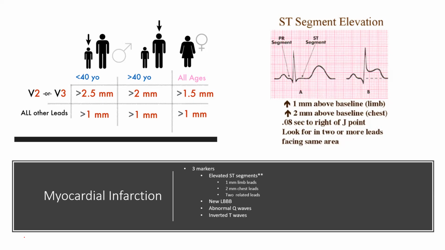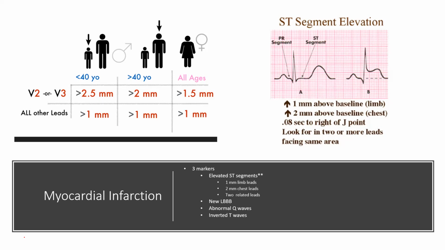An ST elevation is considered significant if the vertical distance after the J point is at least 1 millimeter or 1 small square in a limb lead. Limb leads, you remember, are lead 1, 2, 3, AVL and AVF. Or it should be 2 millimeters or 2 small squares in a precordial or V lead.